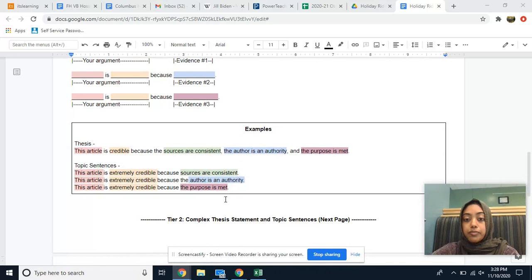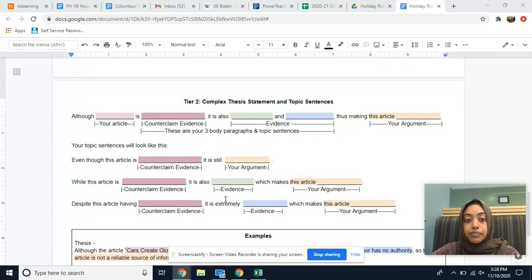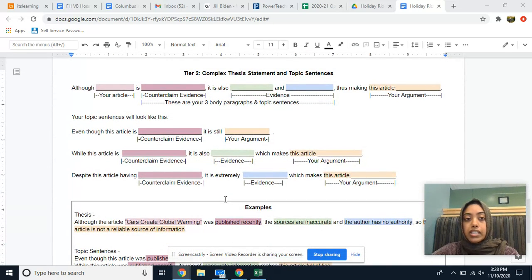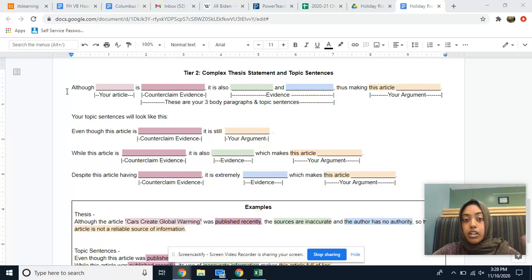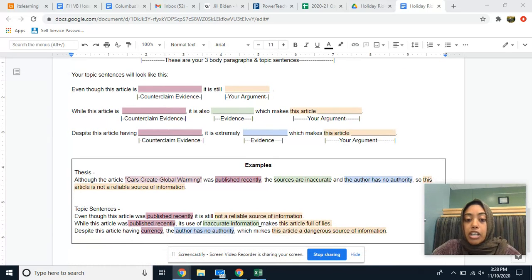And here's an example. If you're using the second tier, you look here where it says your a little bit complex thesis statement, including counterclaim evidence. And so your topic sentences will also have to do that. Your first paragraph will also start off with your counterclaim evidence, where you're going to say, all right, sure, this article was published recently.